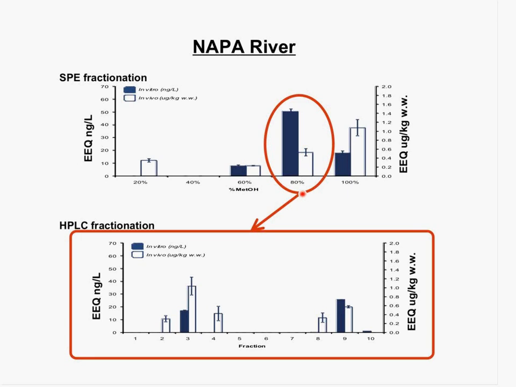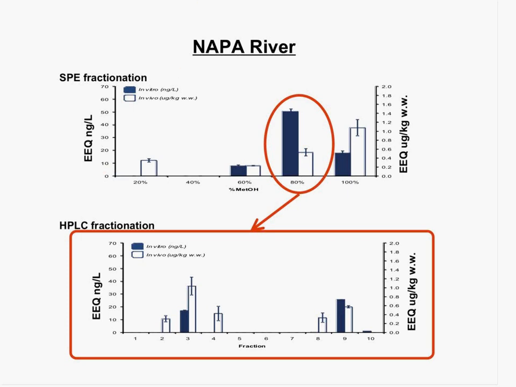We saw very few detections, and those detections were basically less than 1 nanogram per liter. We're seeing EEQ values around 50 to 60, sometimes 80 nanograms per liter in the samples, but typically 1 nanogram or less per liter in terms of the hormone detections. So what this tells us is there are a lot of unknown compounds in there that are causing this feminization response.